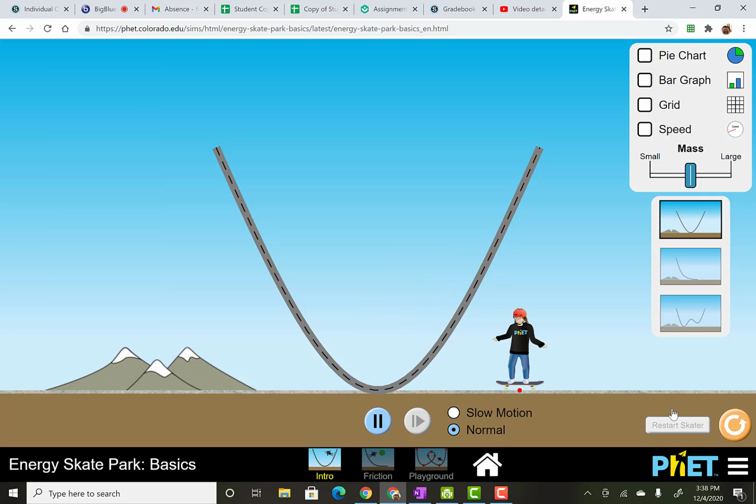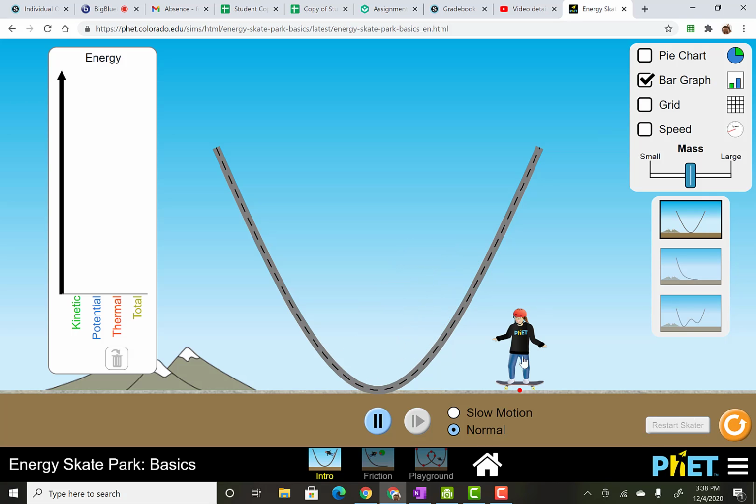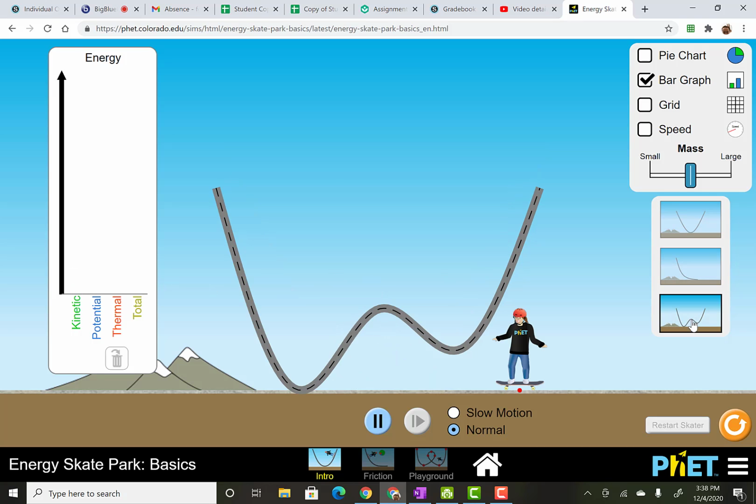Or I could redo this, and I'll put her just this far away, and now you can see she can't go any higher than this point, right? So if I were to look at the total energy of the graph, it's not changing. It would just be a horizontal line, and that energy gets transferred between kinetic and potential and kinetic and potential.